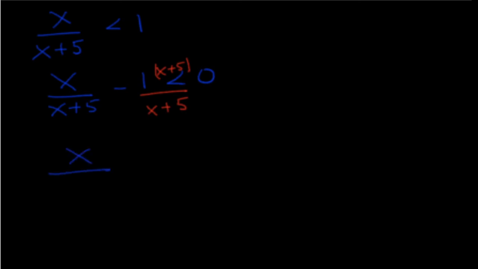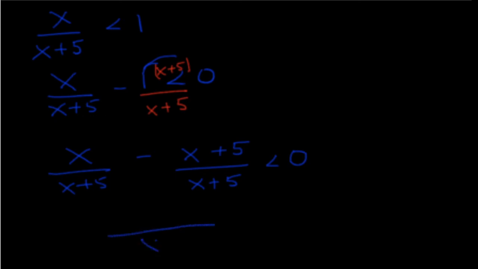I get x/(x + 5) minus, now I'm going to keep the minus outside, so I'm just going to focus on the 1 distributing out to the x and the 5. 1 times x is x, 1 times 5 is 5, over x + 5, less than 0. I can get these under a common denominator of x + 5.